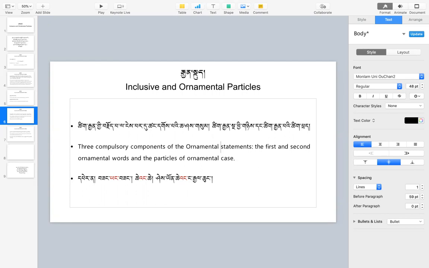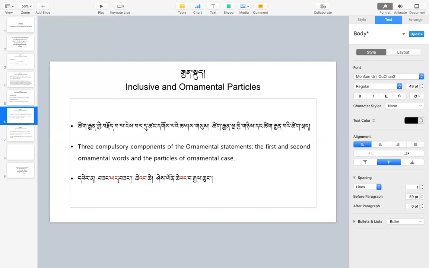Okay, so penna, which is example. In these three statement examples, we have given the example of the ornamental case. First is sang yang sang, in which we see that two ornamental words, sang and sang, are written, and the particle that relates these two ornamental words is the particle of the ornamental case, which in this case is yang. So sang, it is good and it's still good. It's good amongst good.